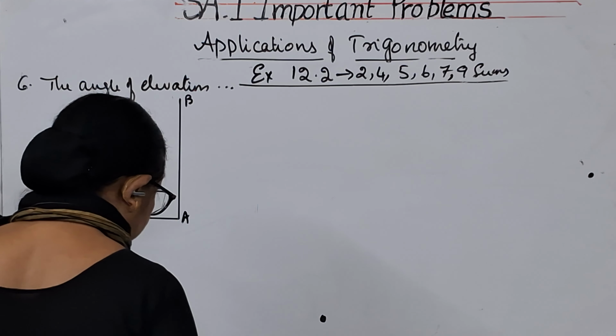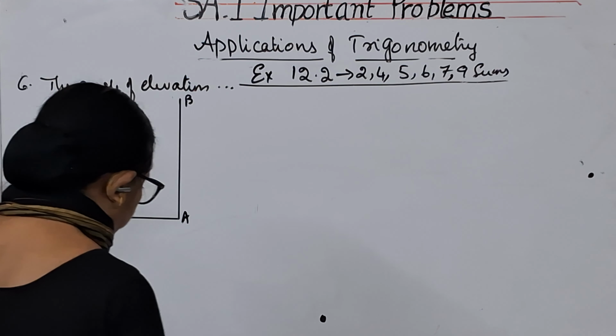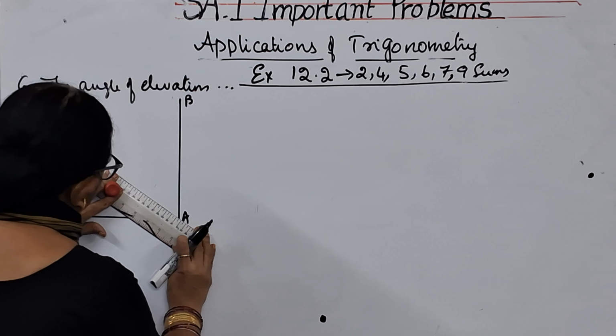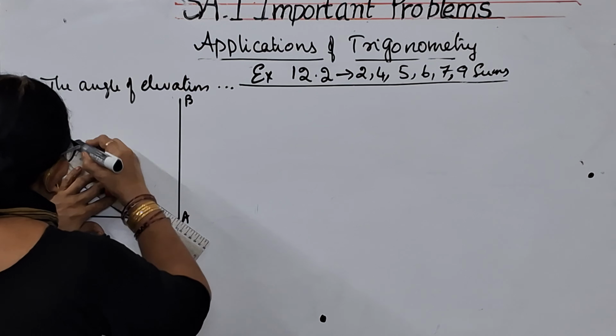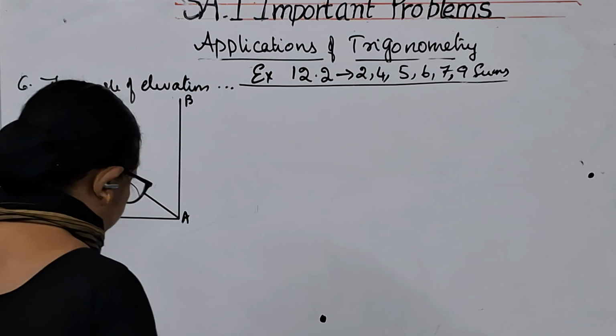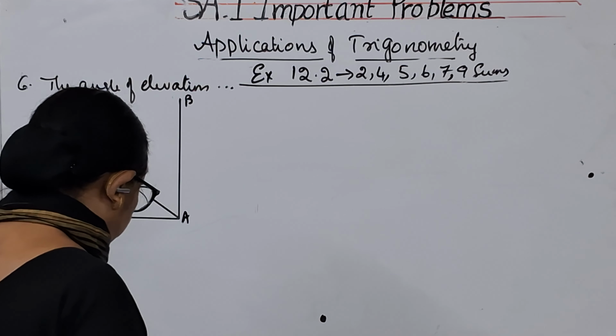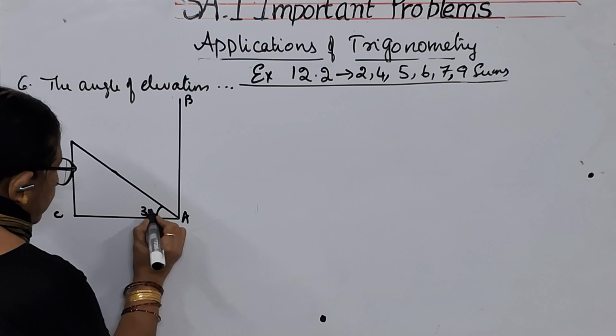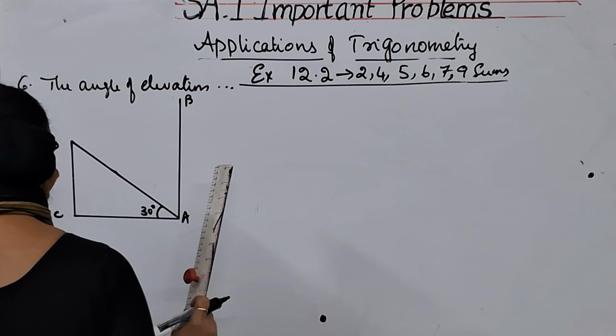The angle of elevation of the top of the building from the foot of a tower. From the foot of the tower, the top of the building, this is the angle of elevation. It is 30 degrees, they have given.